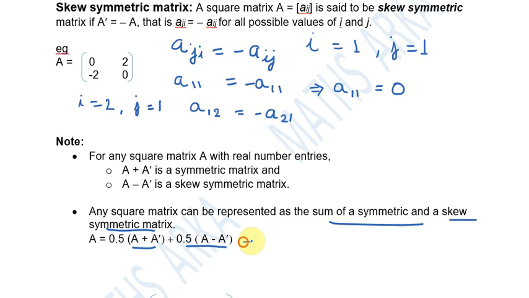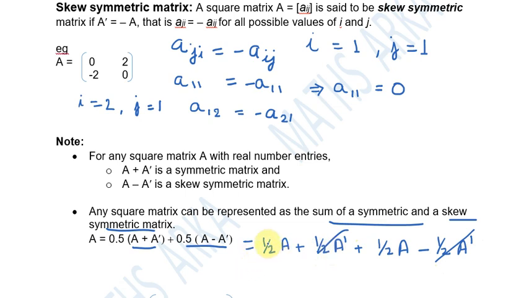It is equal to half of A plus half of A dash, that is A transpose, plus half of A minus half of A transpose. So minus half and plus half do cancel out.